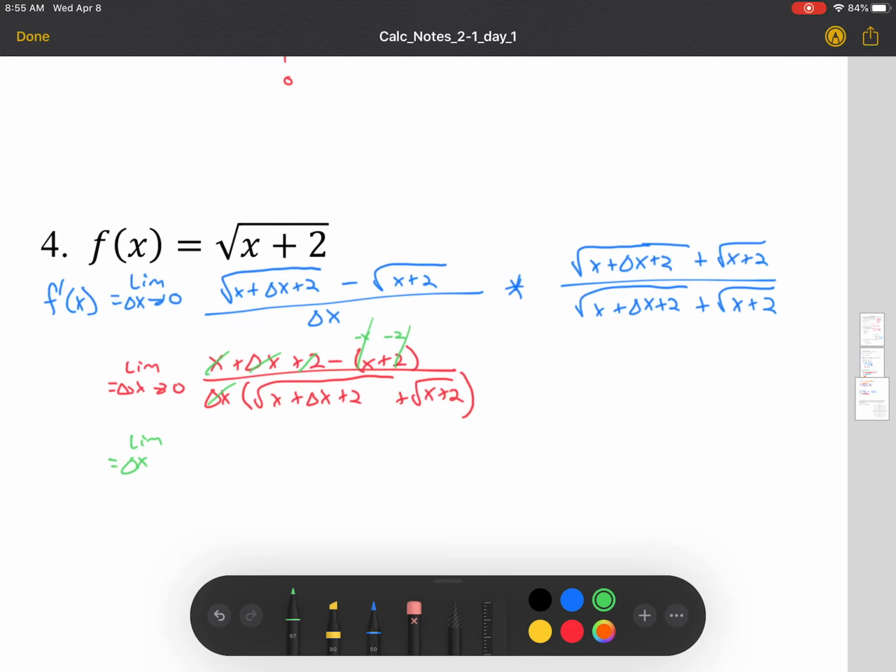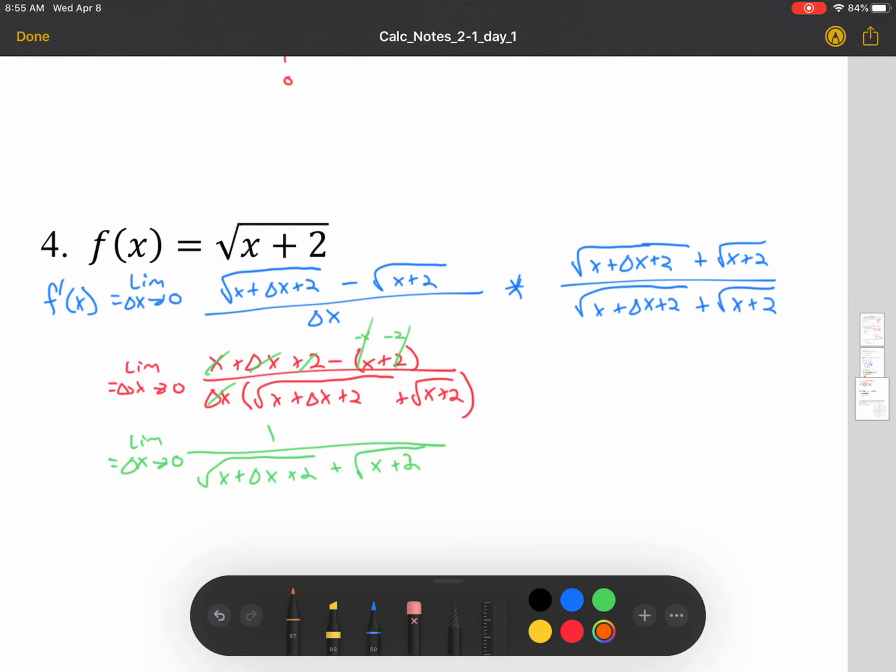So you should be left with the limit of delta x going to 0 of 1 over the square root of x plus delta x plus 2 plus the square root of x plus 2.